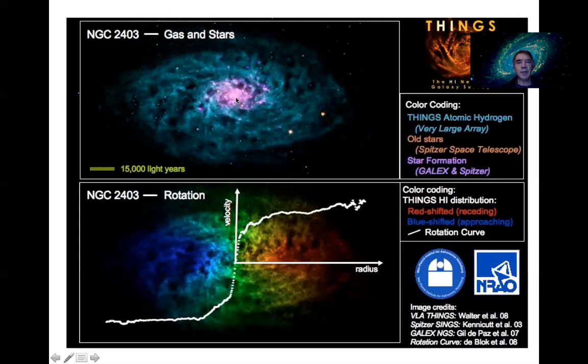Now, the blue light that you can see way out, extending way past the extent of the optical galaxy, is the light from atomic hydrogen. It's in blue here, imaged by, again, the Very Large Array, the radio telescope in New Mexico. And this is a feature of the atomic hydrogen in galaxies.